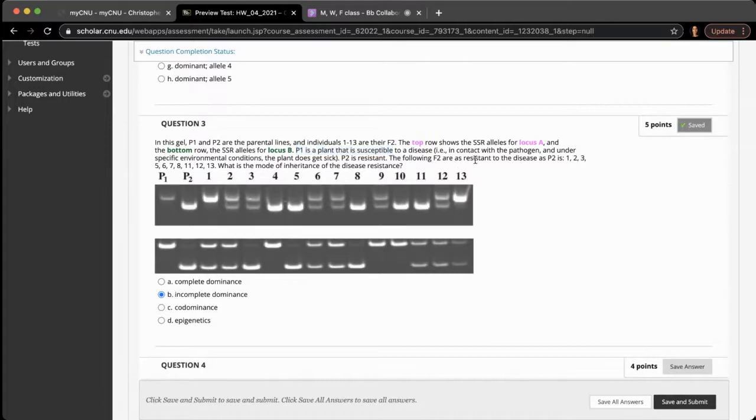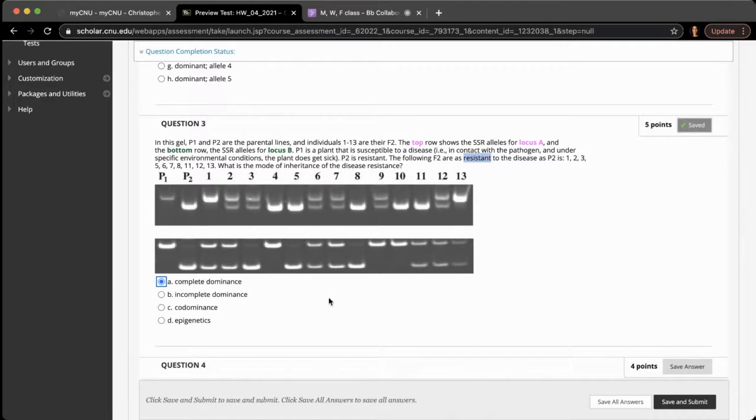And because I said that these are grandchildren, that the F2 are resistant, I didn't tell you mildly resistant or somewhat resistant. So since this is a yay or nay question, your answer is complete dominance.